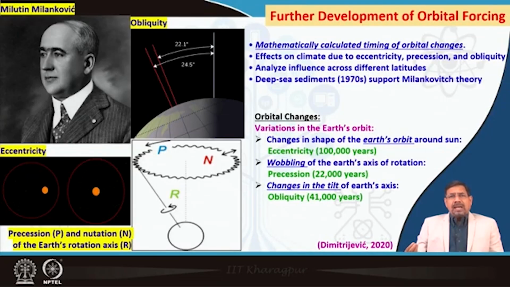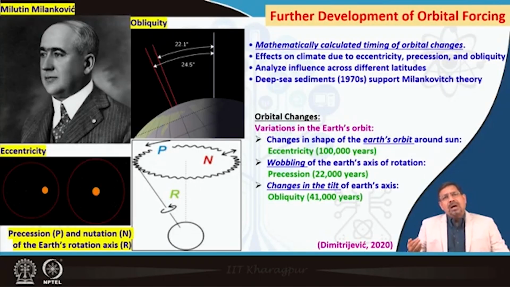He also analyzed the influence across different latitudes. A lot of calculation went into this, at every variation of latitude in degrees, and he analyzed that influence and put it together.